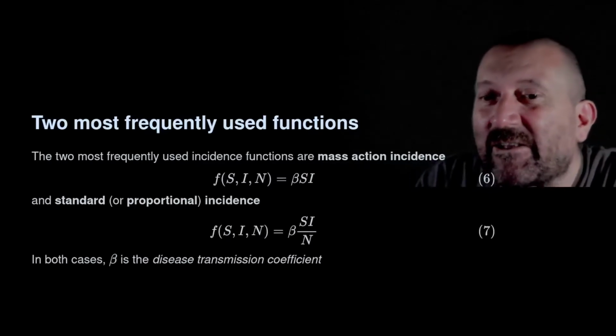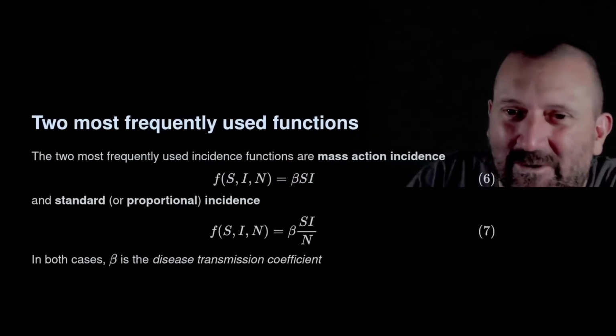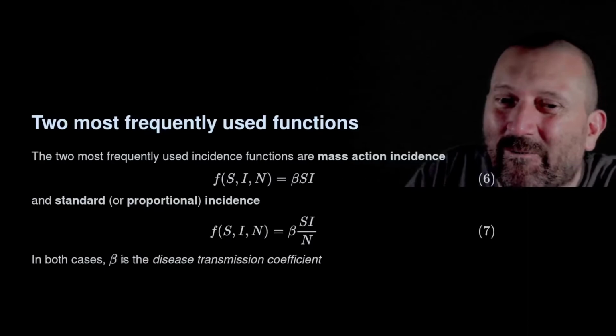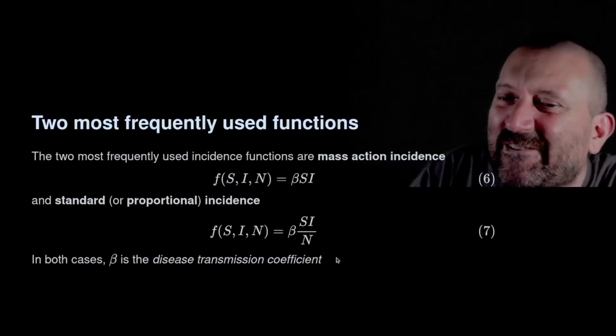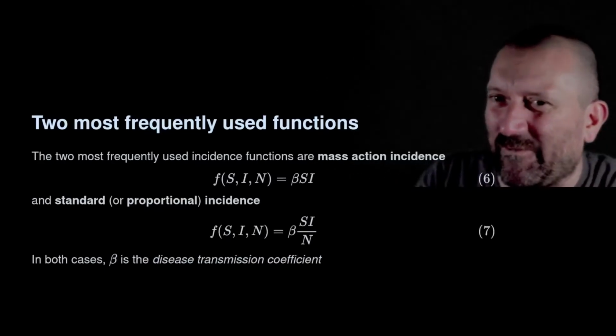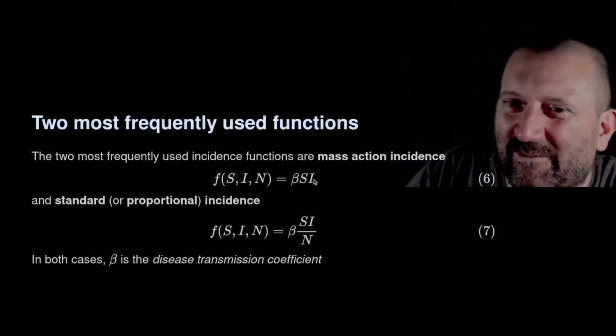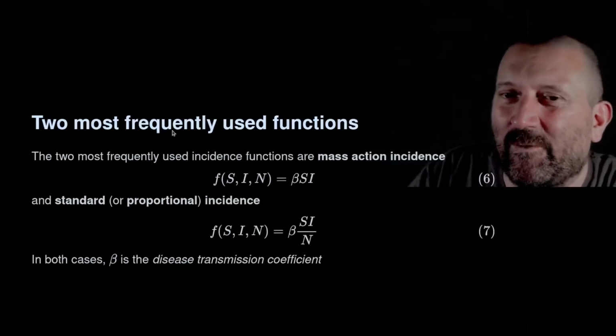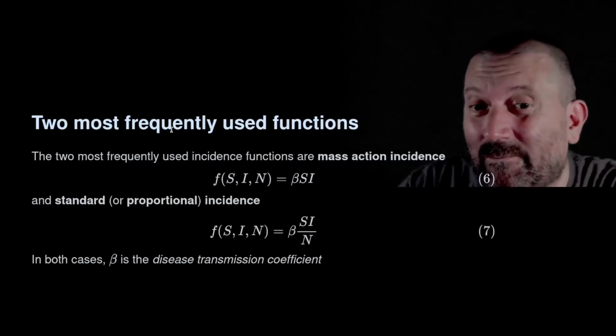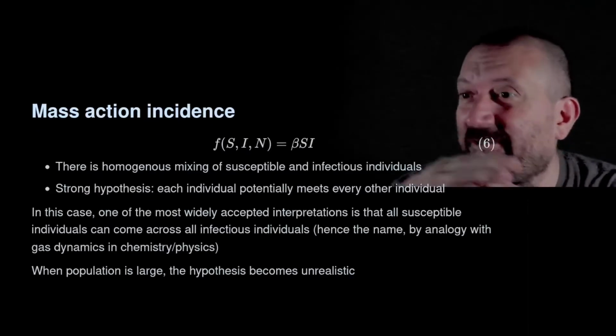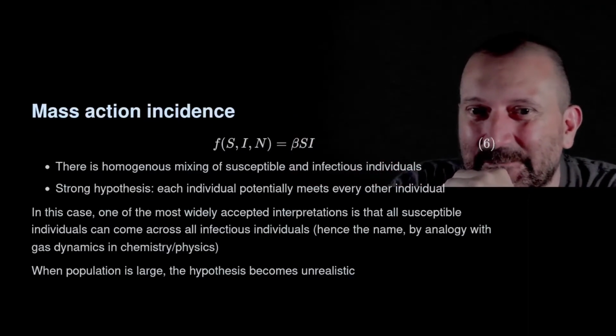So I recommend usually, but it's not a requirement, it's a recommendation, to just call it the disease transmission coefficient, because the interpretation changes whether it's the first form or the second form or other forms. But that's just my personal liking.